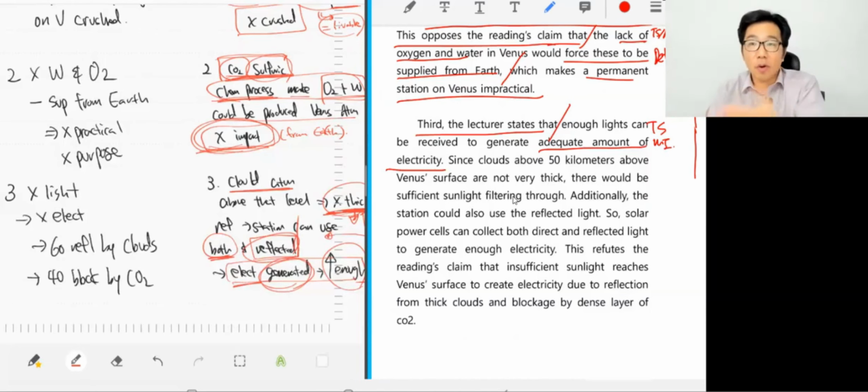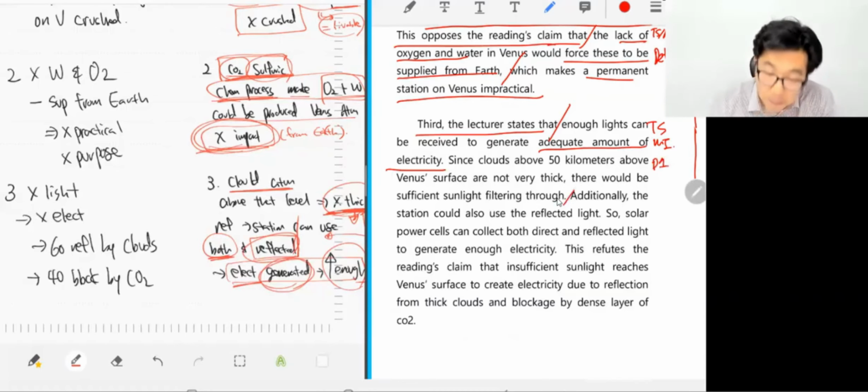Okay, so we can create more electricity. Okay, so that's the detail. Since clouds above 50 kilometers above Venus surface are not very thick, there will be sufficient sunlight filtering through, so we can absorb more sunlight. Additionally, the station could also use the reflected light.